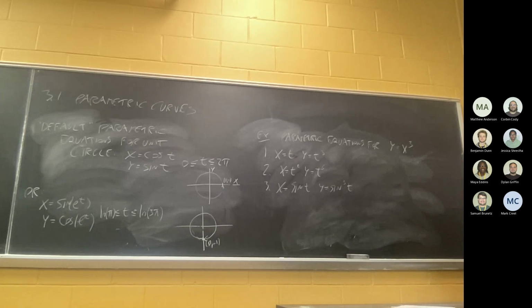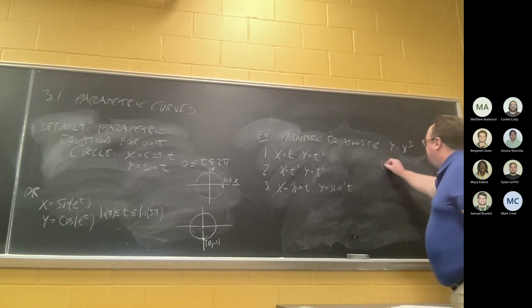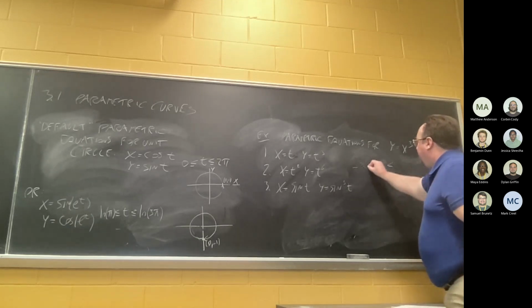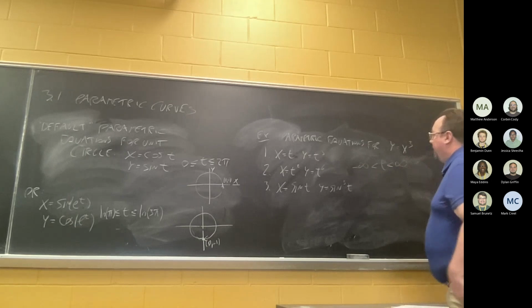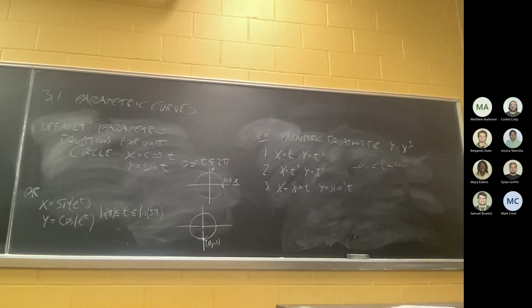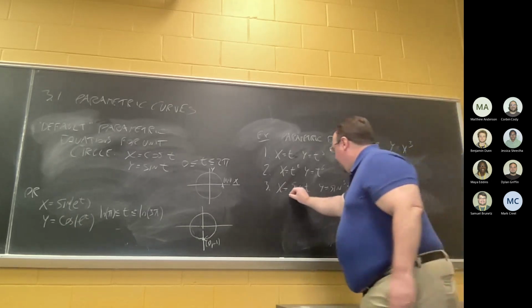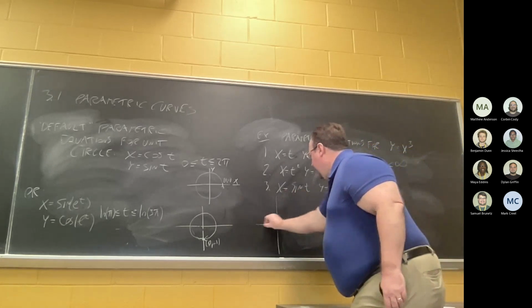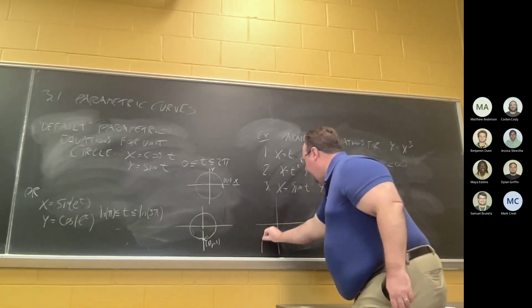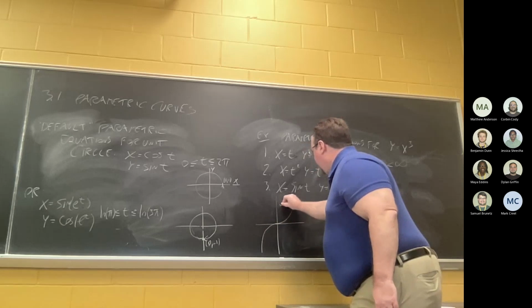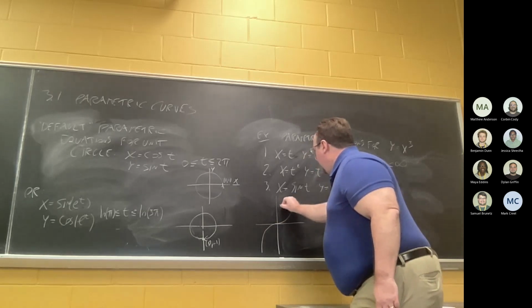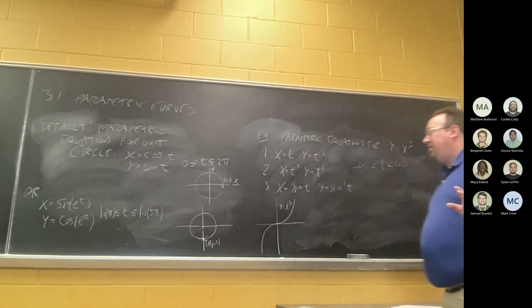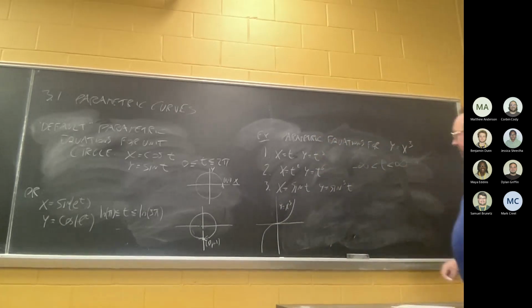But if I were to, and I'll let t range over all real numbers, plot this, so here's this plain old y equals x cubed, just forgetting about parametric equations, just plotting as a function of x.